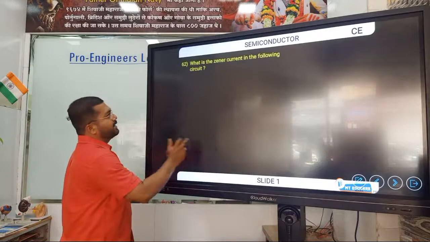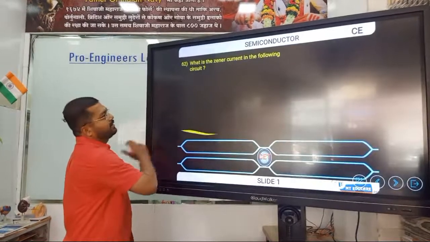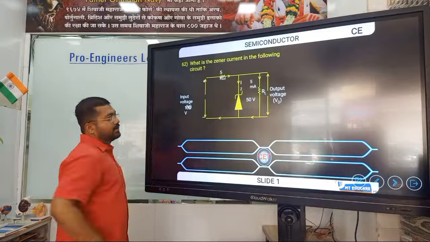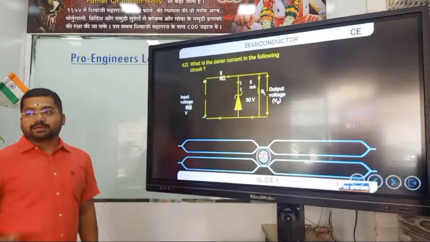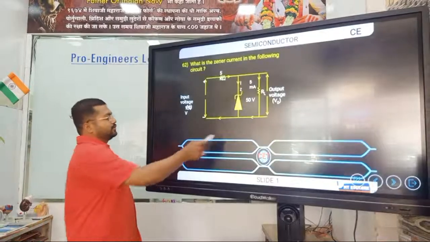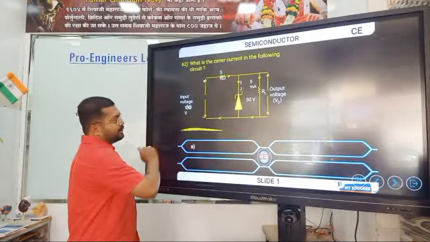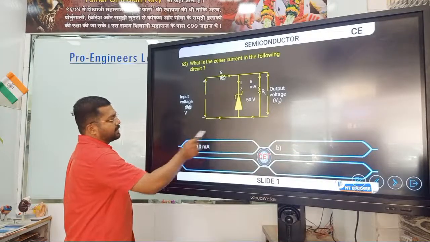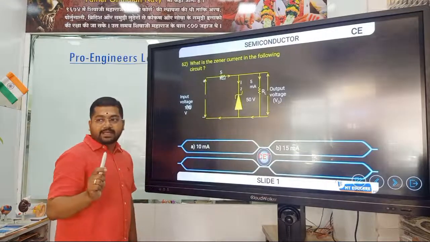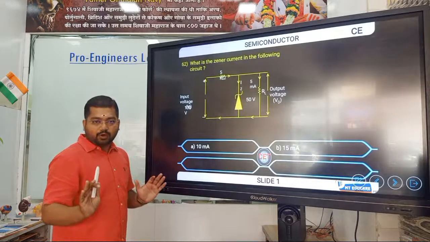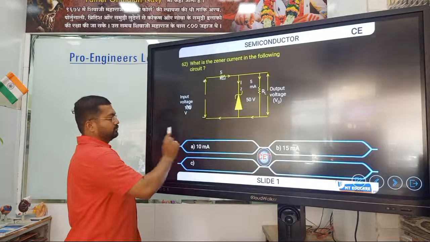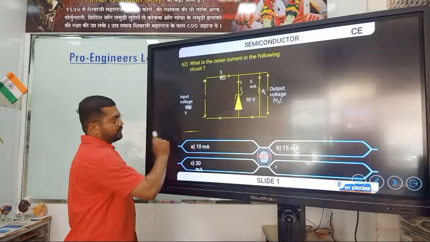Few questions are there. What is the Zener current in the following circuit? Now here you have some calculations. So very important to calculate and know the answer. You have already derived the equations, so you have all the formulas with you. Based on that, you have to answer.